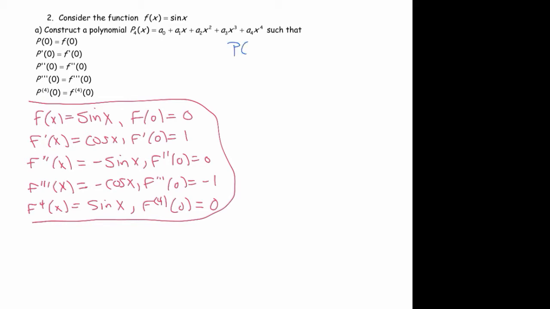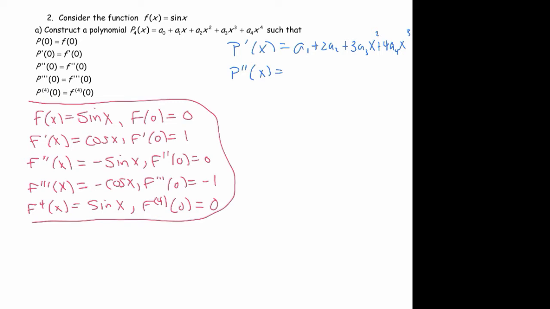So p prime of x we found to be a1 plus 2a2 x plus 3a3 x squared plus 4a4 x cubed. The second derivative would just be, oops, I missed an x there, right?